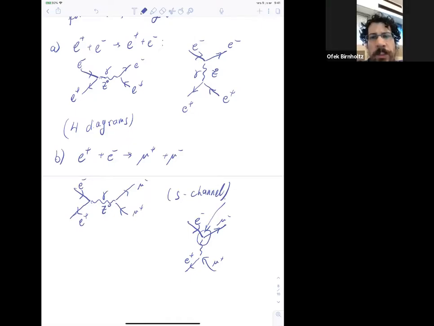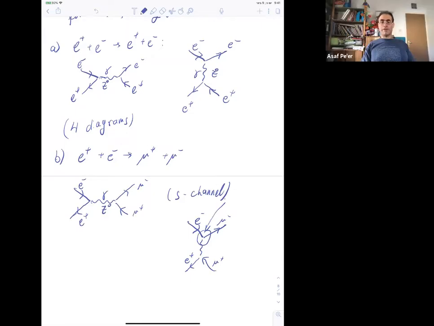Well, you can have a virtual particle off mass shell. Yeah, the virtual particle is off mass shell, but the energy and momentum is conserved. They are determined by the external legs. I have conservation of energy momentum at each vertex. I cannot touch that.